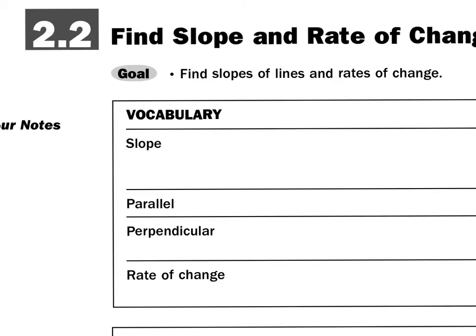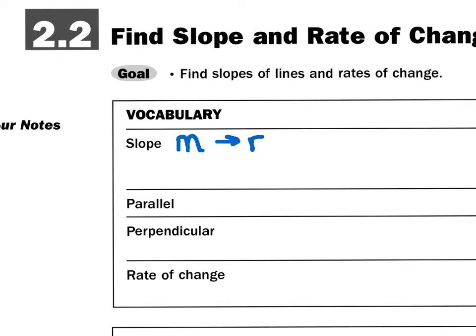2.2, find slope and rate of change. The slope definition is, it's represented by M. It's a non-vertical line.